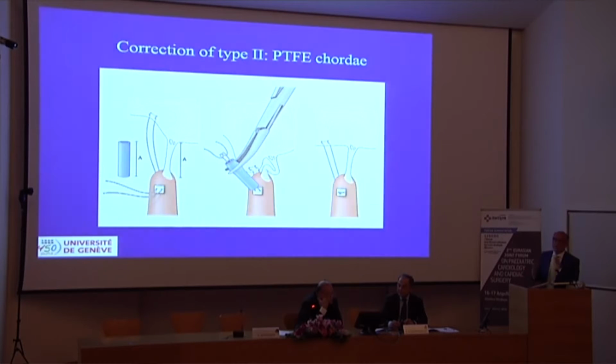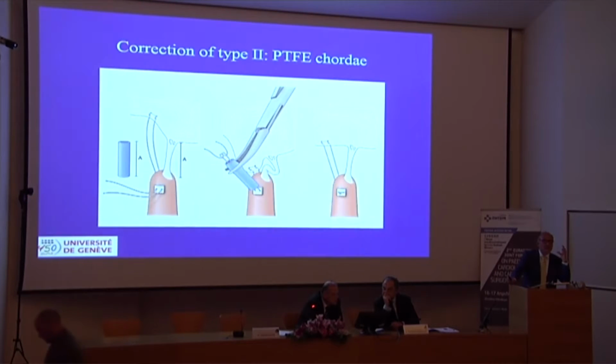I split, because especially in the pediatric population, the most difficult part is to adjust the length of the artificial cord. And for this reason, usually I measure a normal primary chorda tendinea. I cut a small part of a tourniquet, and then I pass my artificial cord through this, and I split it longitudinally in order to be able to remove it.